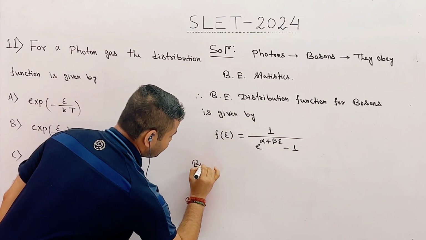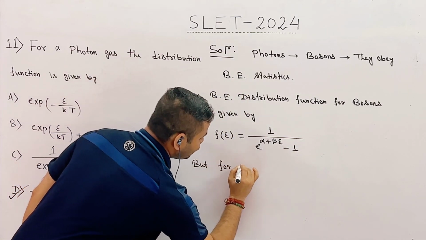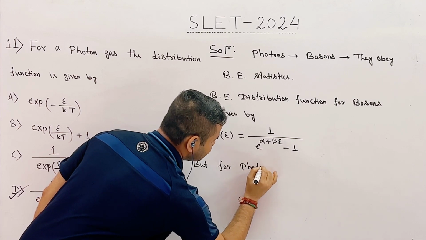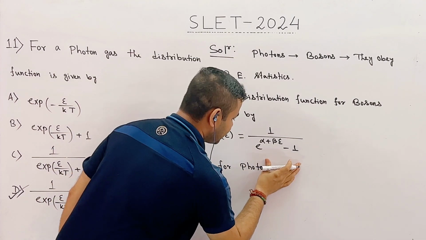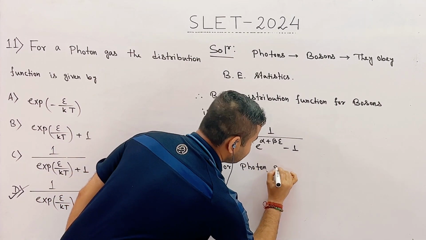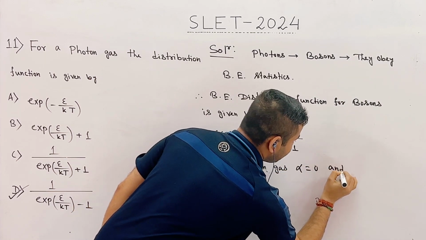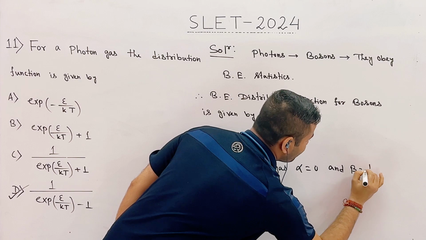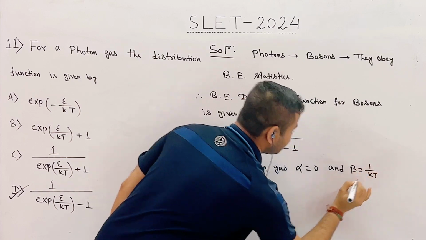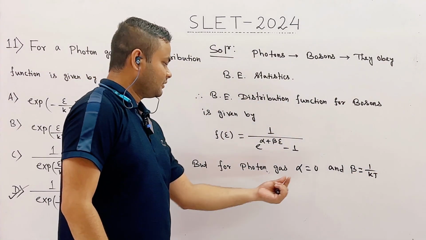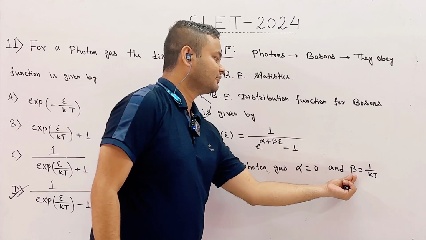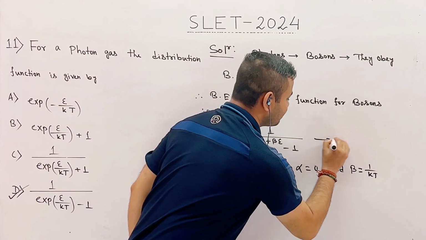But for photon gas or photons, alpha equal to 0 and beta equal to 1 by kT. Now let us substitute alpha equal to 0 and beta equal to 1 by kT in equation number 1.